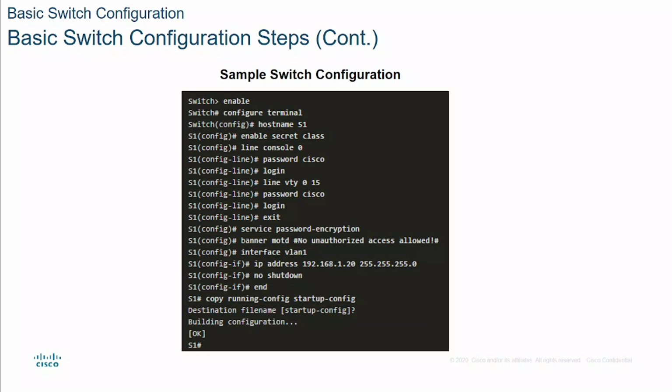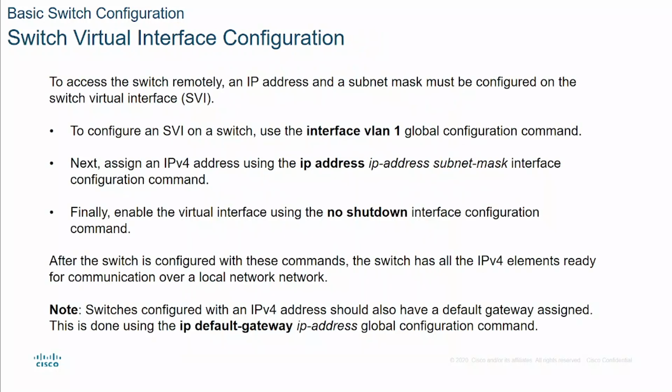On the Cisco Packet Tracer you see different examples of how you can configure different ports on the switch. You can assign IP addresses to different ports on a switch via the command line interface. To access the switch remotely, an IP address and a subnet mask must be configured on the switch virtual interface, or SVI.